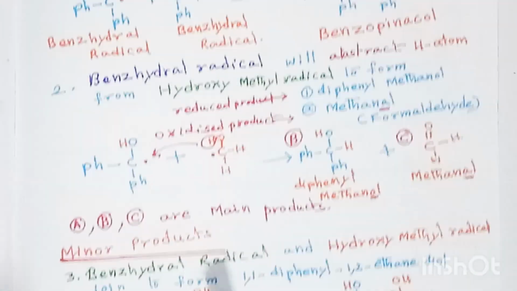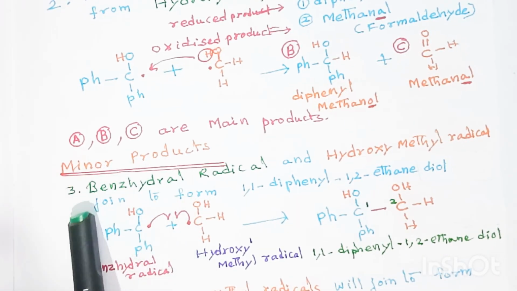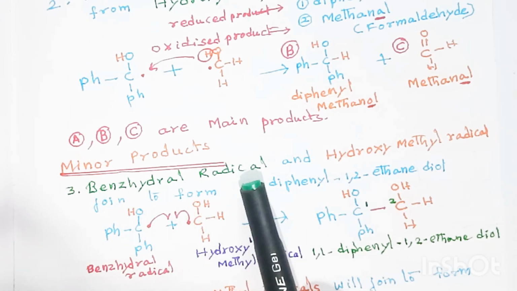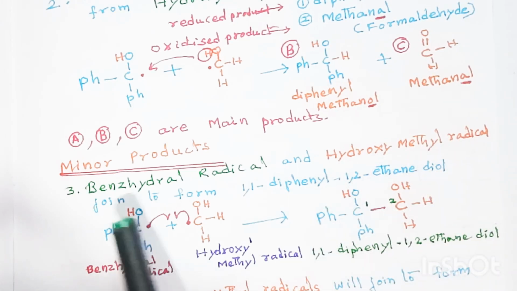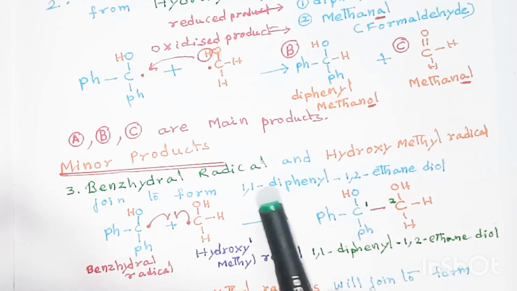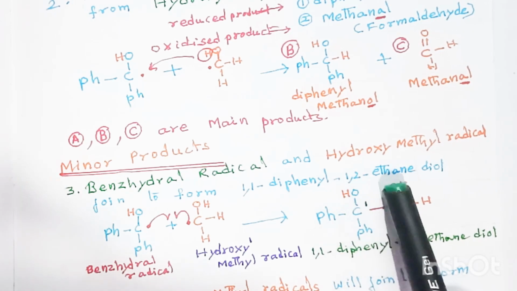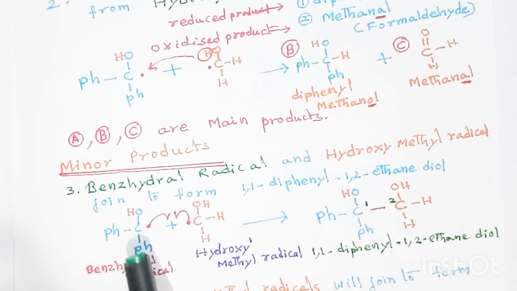We will get some minor products also. Let's see the minor products. So this is the third reaction. Benzhydryl radical and hydroxymethyl radical will join to form 1,1-diphenyl-1,2-ethanediol. Let us see the reaction.